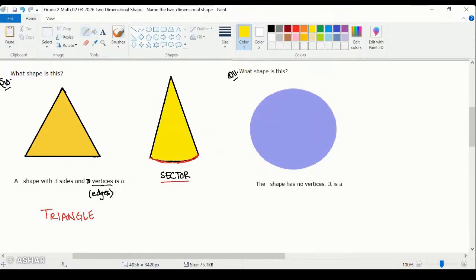What about question number 11? A shape which has no vertices would mean it is round at all the corners. There are no corners, right? So if there are no corners, then the shape is a circle.